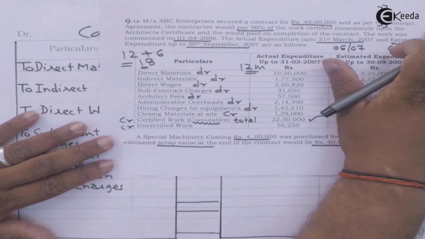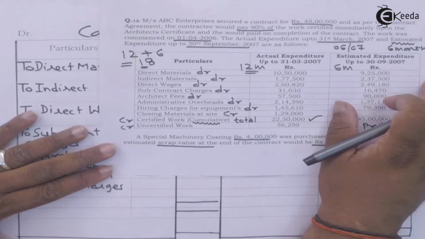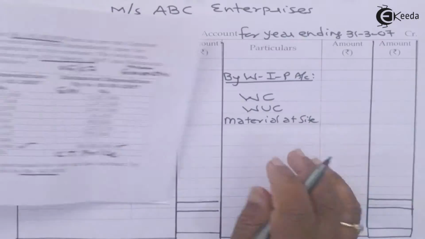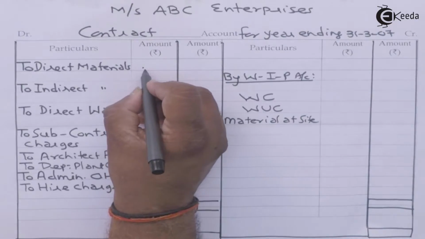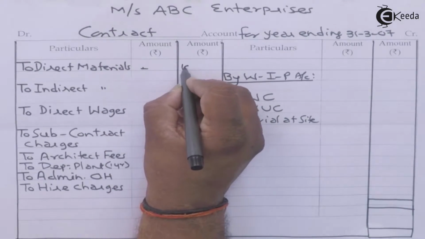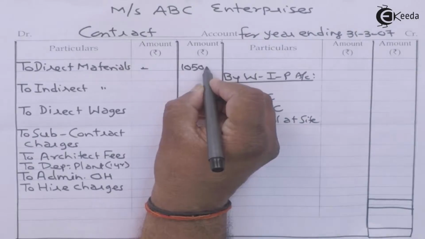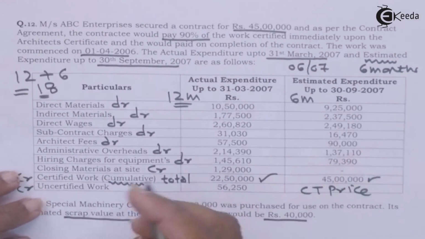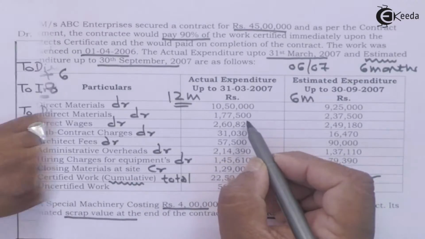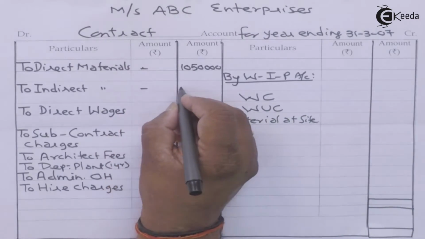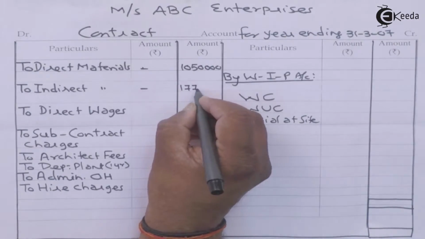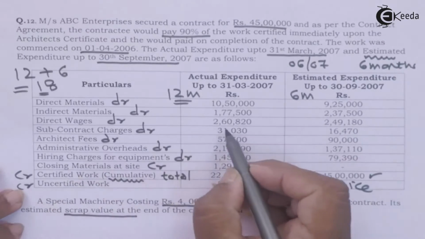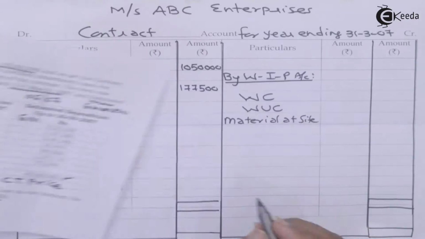First we'll complete the contract account based on actual expenditure. Direct materials 10,50,000 on the debit side. Indirect material 1,77,500. Direct wages 2,60,820.